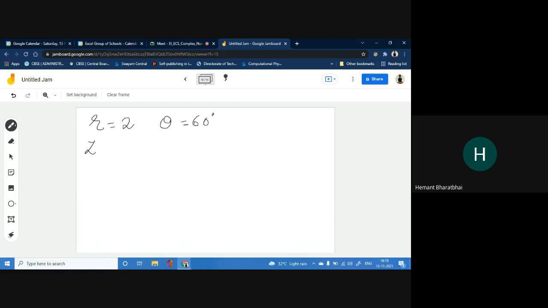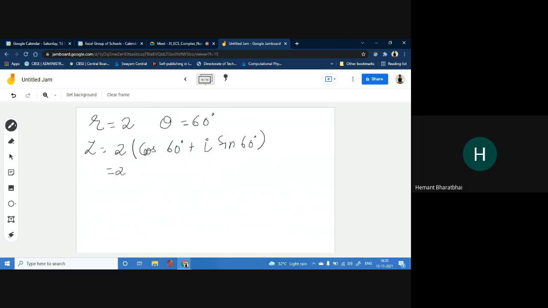So the very first thing I'll do is write it in polar form and then simplify it. So I can write it as r into cos theta plus i sin theta. So 2 into cos 60 degrees plus i sine of 60 degrees.